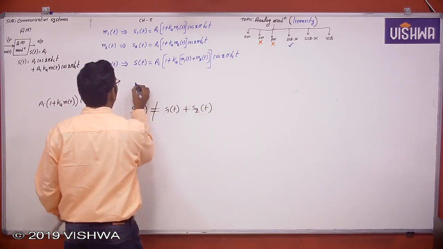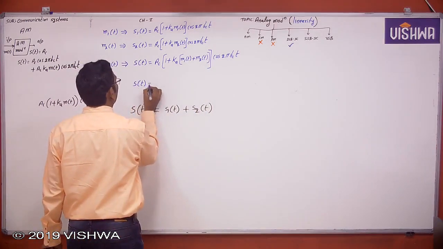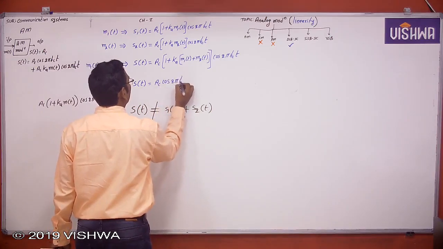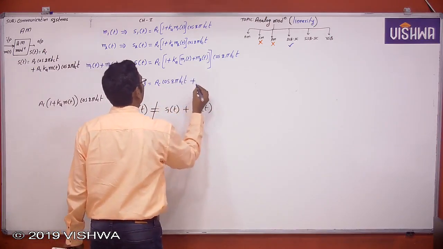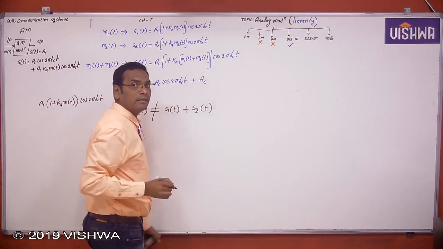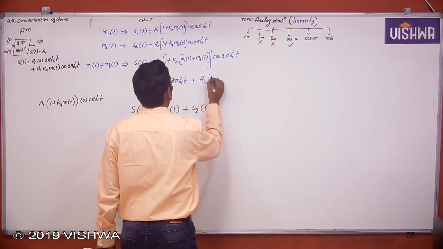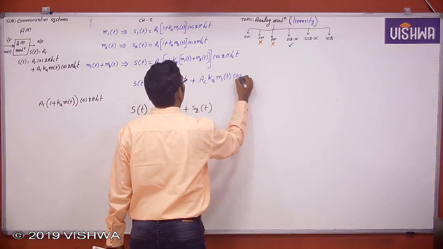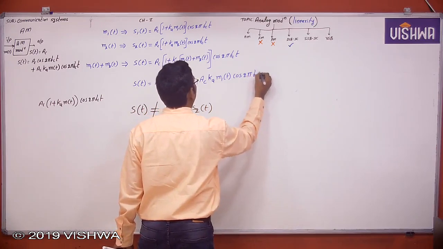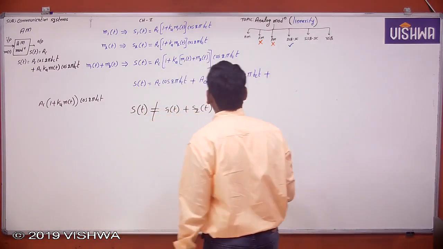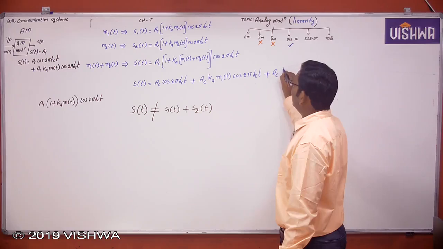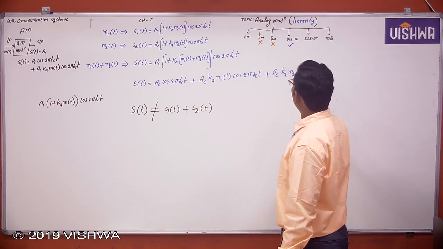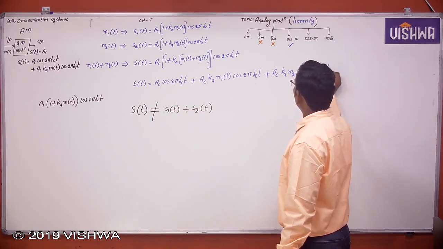Now s of t, which is equal to Ac cos 2 pi fct plus Ac Ka m1 of t into cos 2 pi fct plus Ac Ka m2 of t into cos 2 pi fct.